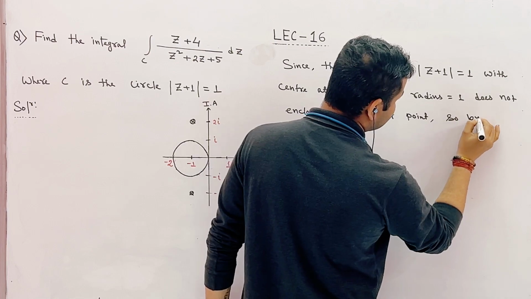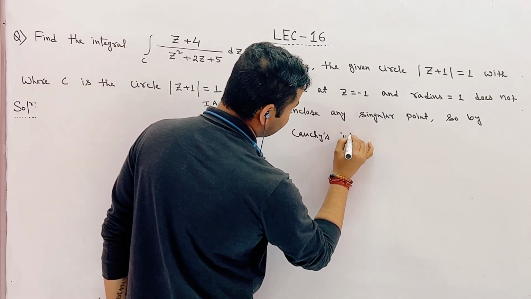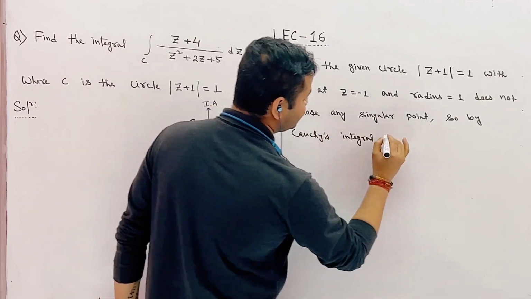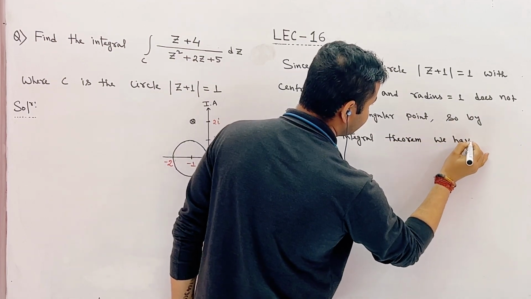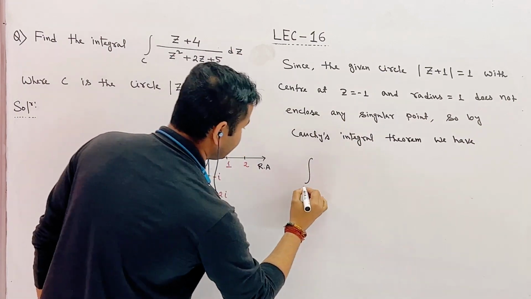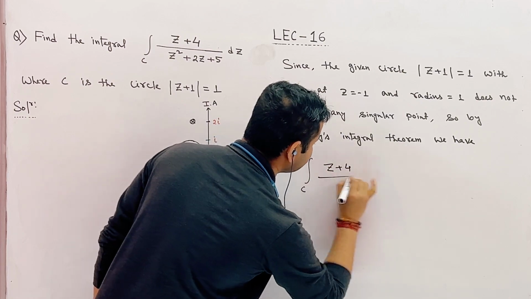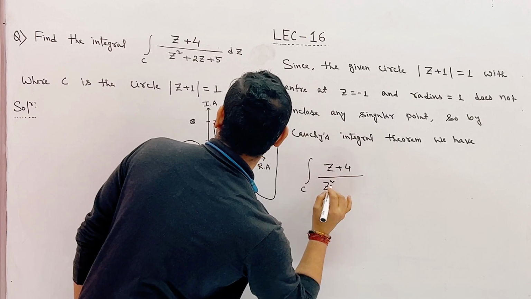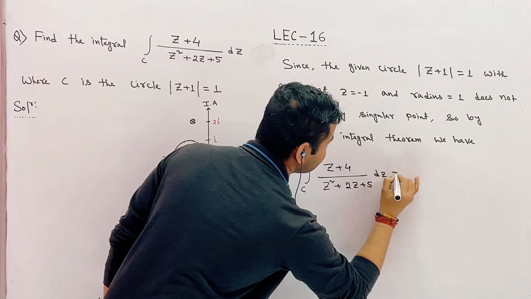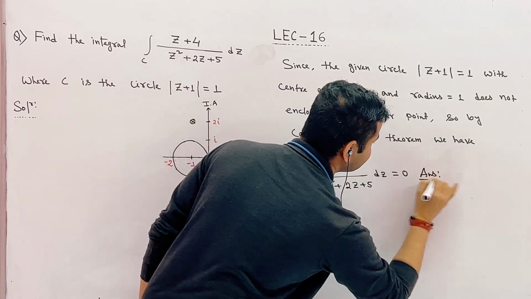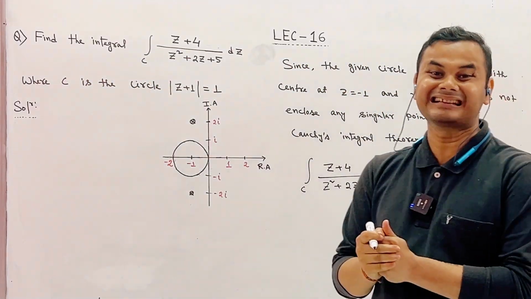So, by Cauchy's integral theorem, we have integration along curve C of z plus 4 divided by z square plus twice z plus 5 dz is equal to 0, which is the answer. So, this is all about today's video and I hope that you have learned a lot from this video.